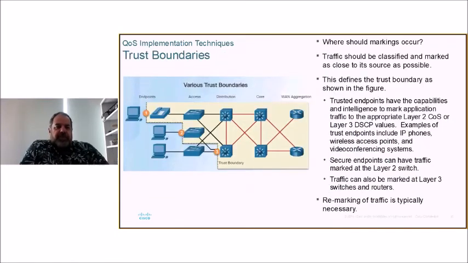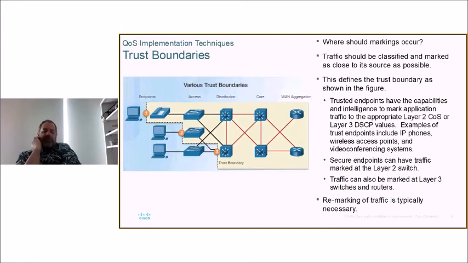Okay, trust boundaries. Where should marking occur? Traffic should be classified and marked as close as possible to the source. This defines the trust boundary as shown in the figure. Trusted endpoints have the capabilities and intelligence to mark application traffic at the appropriate layer 2 class of service, or layer 3 DSCP values.